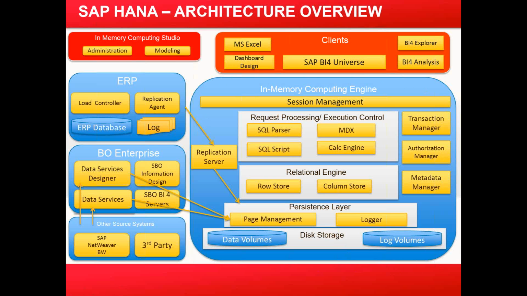There are other tools or other UIs also available in the HANA Studio. We call them perspectives. So there are other perspectives such as the development perspective and also a few other perspectives that you can customize also. So all that happens within the in-memory computing studio.